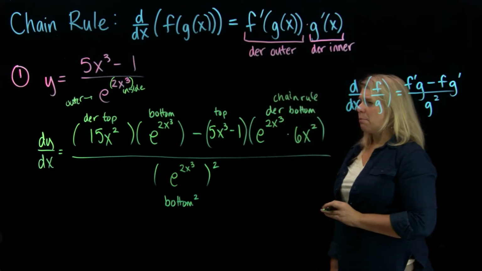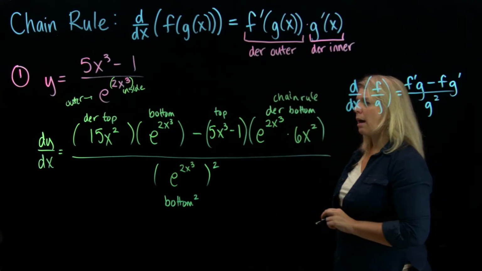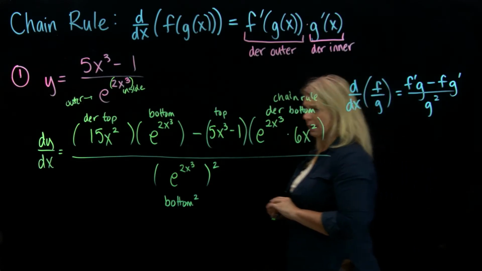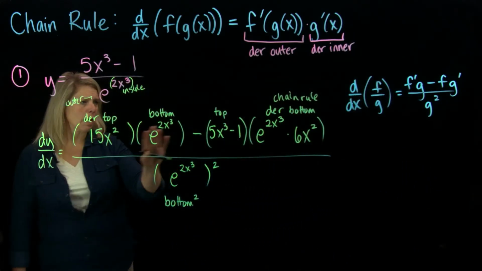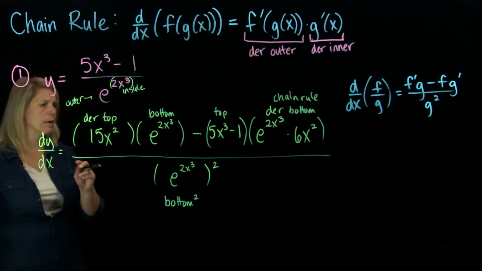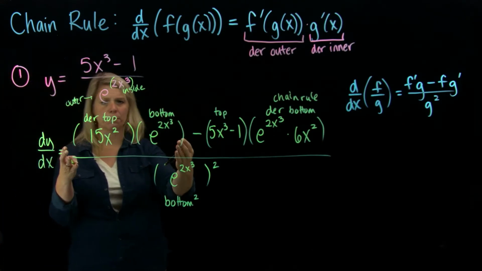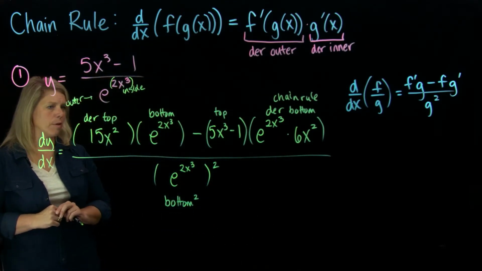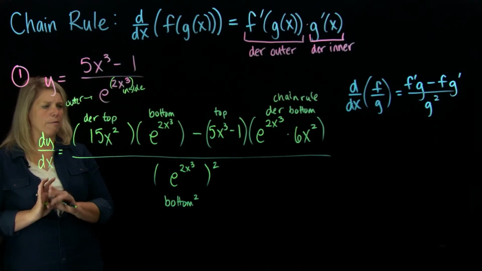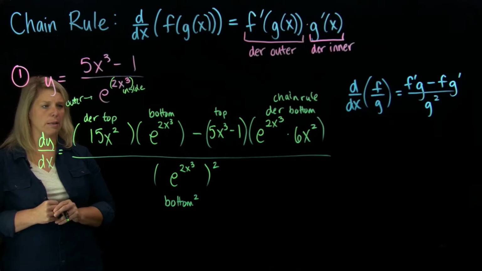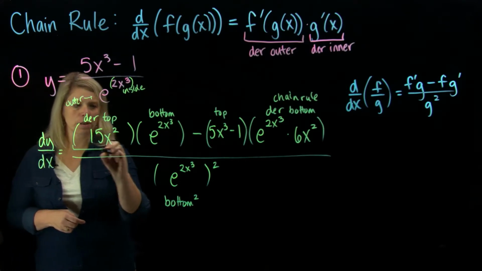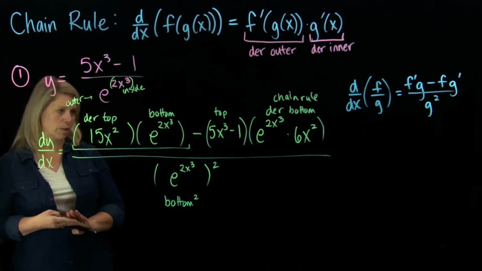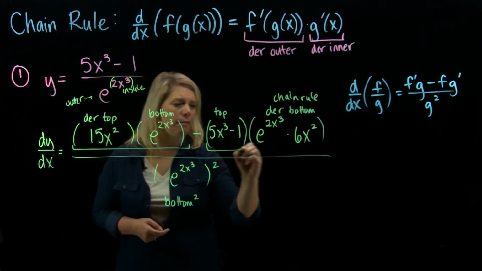Okay, we do have some simplifying we could do on this one. I'm going to remove some parentheses here, and I might do a little bit of canceling as well. One thing I might notice here on the numerator is that I have two giant terms, and I have some common factors in both of those terms. So I might go ahead and factor some things out, and then we can do some canceling with that. So in this first giant term, I have an e to the 2x cubed that I also have in this second term.